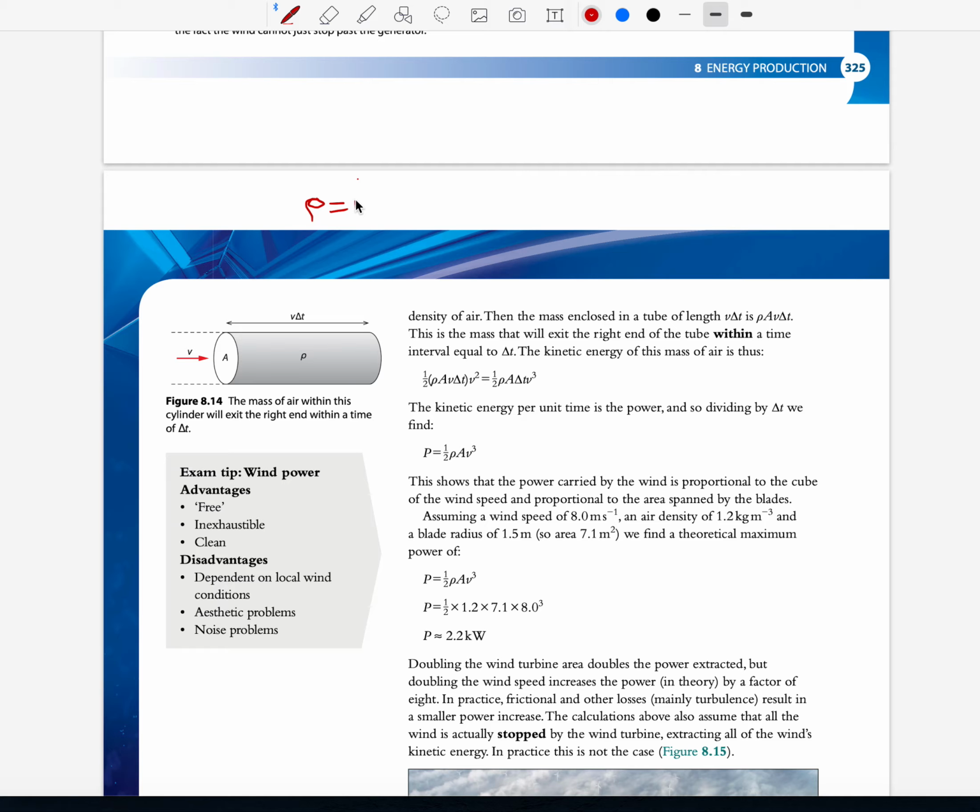And in this example, we look at the volume, which is like a cylinder that goes through the blades. The blades have a cylindrical cross-section, area A. So let's say in time delta t, the wind has a speed v, and it will go through a distance s, which is v times delta t.